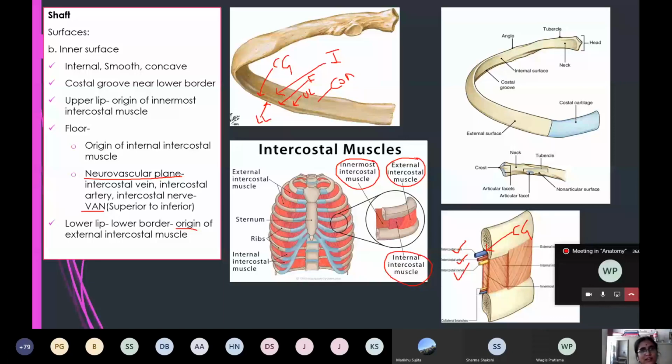So tell me, my dear student, where does the costal groove lie in the rib? In the inner surface, near the lower border. Very good. What are the parts of the costal groove in the typical rib?